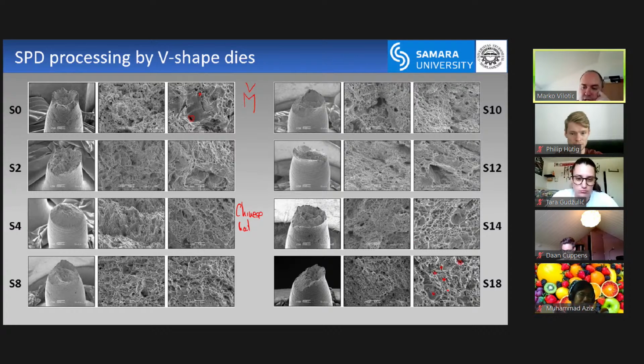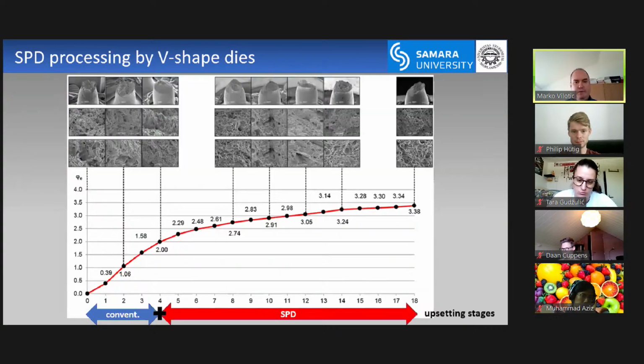The shape is getting almost the same, which is good for the material. And at some point, we also get a spiral shape of the material around here, and you get something like this. But the most important thing is that we get dimples. This means we get ductile fracture. That is really important for us.